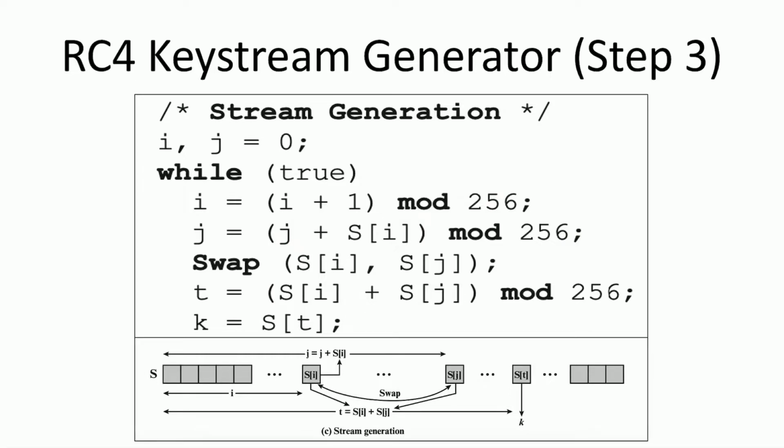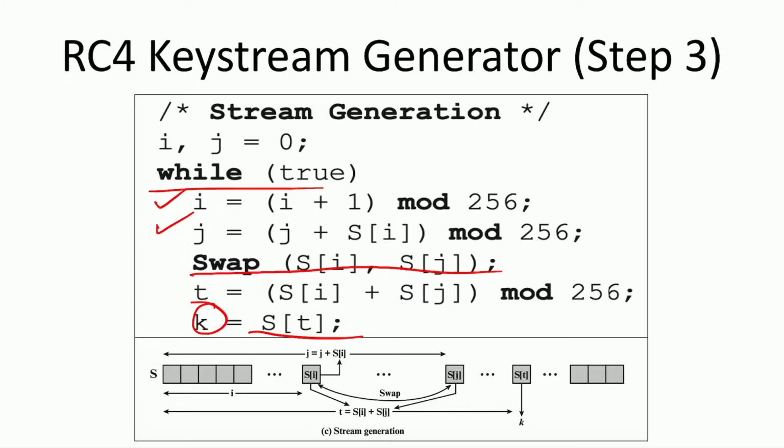Then finally we use this algorithm continuously, as shown here by the while loop, to pick a key byte from this S state vector. Now this key byte is what will be XORed with a plain text byte to generate the ciphertext. Now inside this while loop, we are picking two indexes i and j first, and then swapping values in the S vector at those two indexes.